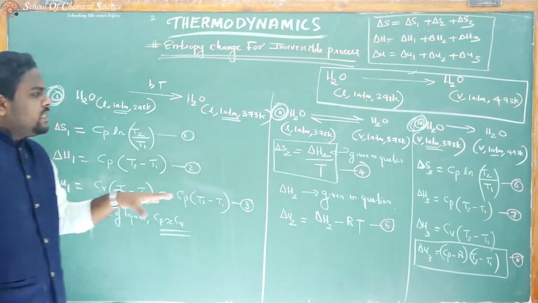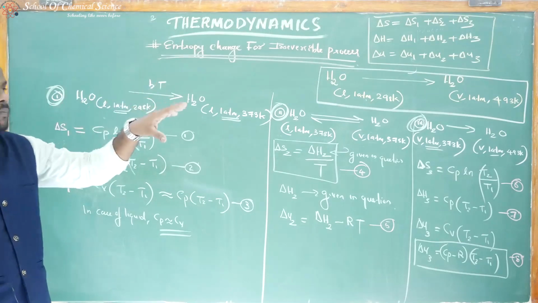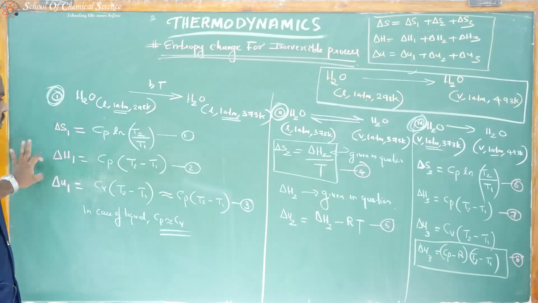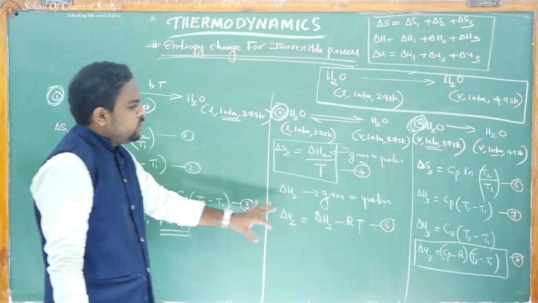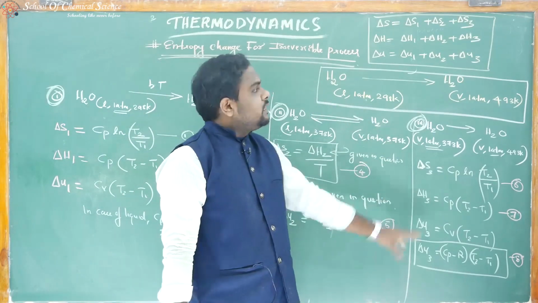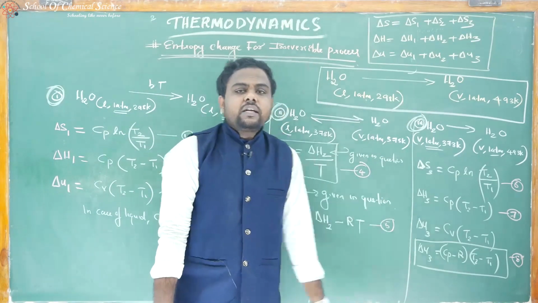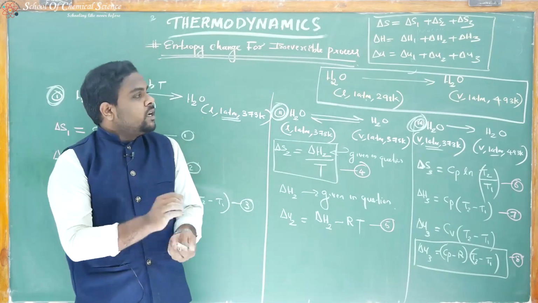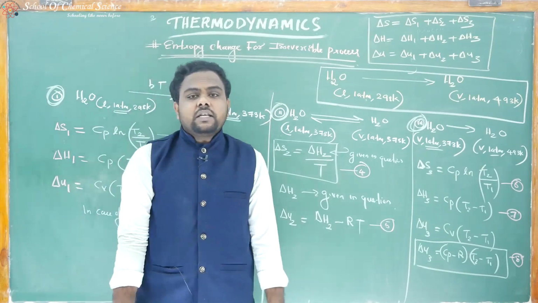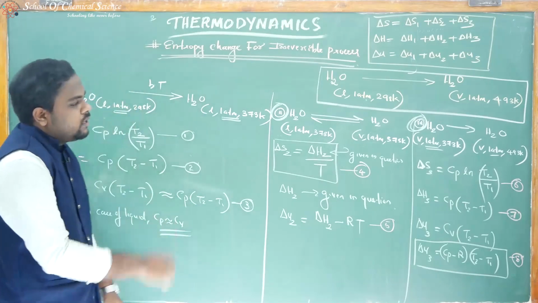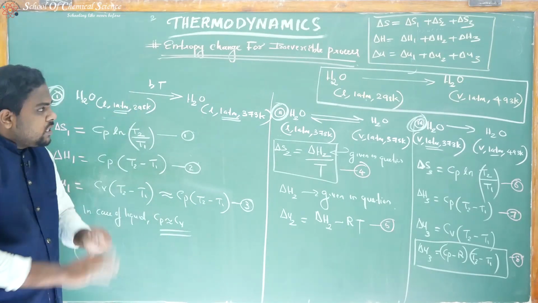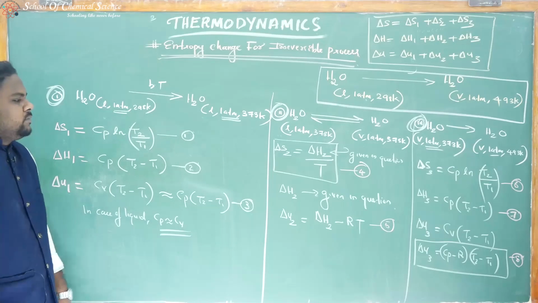The whole process takes place in three steps. So find delta S1, H1, U1, delta S2, H2, U2, delta S3, H3, U3. Then finally adding all the three, you will get the total entropy change, total enthalpy change, and total internal energy change. I will give you a homework question, then you will get more insight.